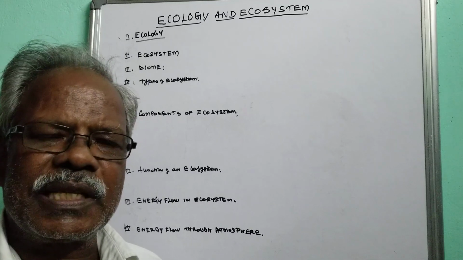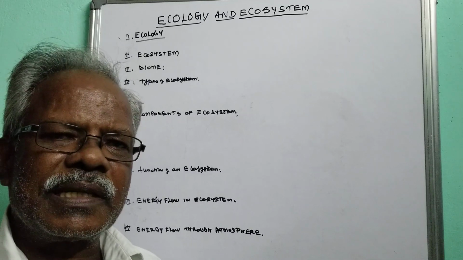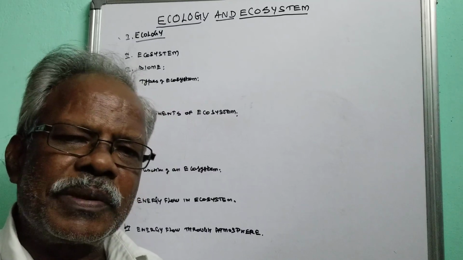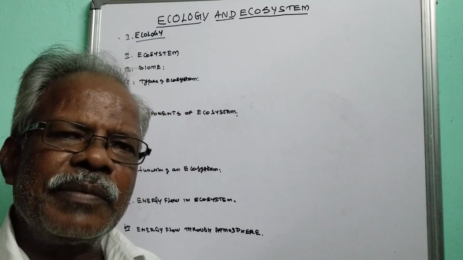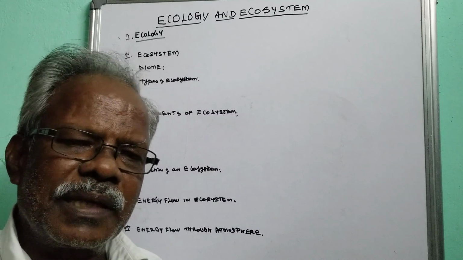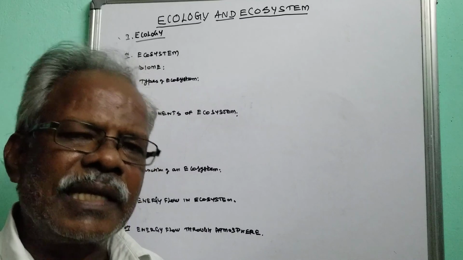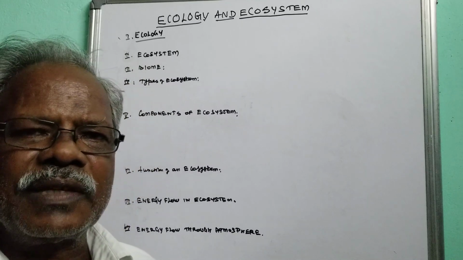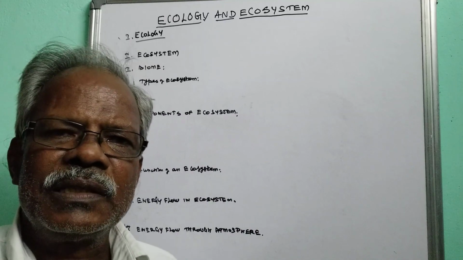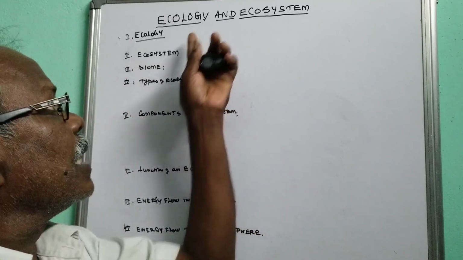The atmosphere is made up of 80% of nitrogen and 20% oxygen. The remaining is something with the inert gases. These things we are going to study in atmosphere. So the combination of the four spheres is known as ecology.